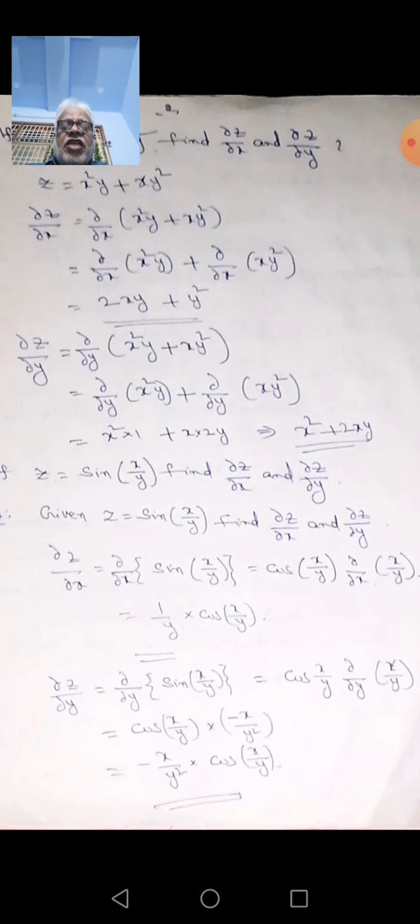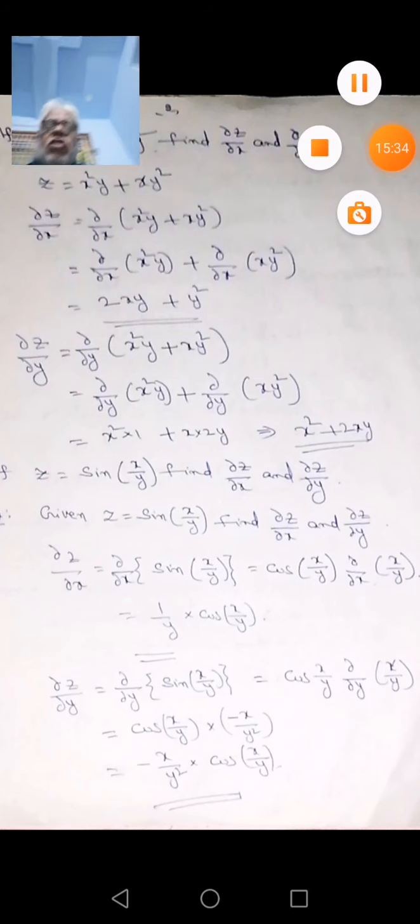Again we differentiate internally the derivative of x by y. So dou by dou x of x by y. Here you see, in general derivatives, you would take the u by v method, that is v squared and so on.